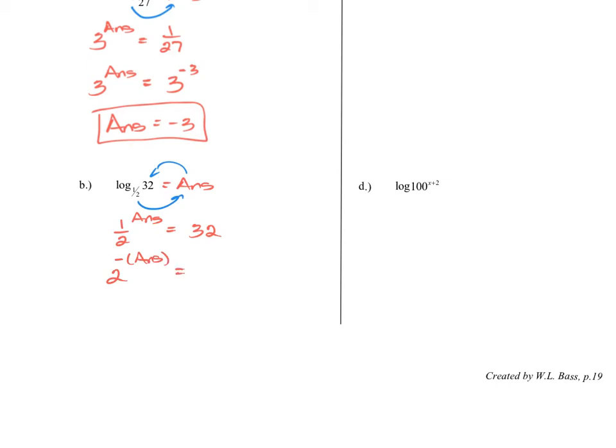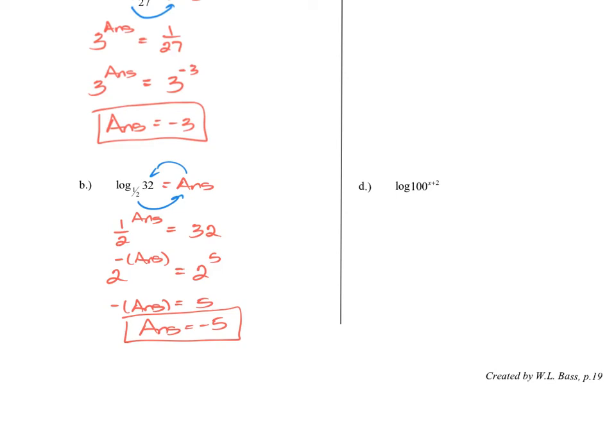And 32 can be written as 2 to the 5th. Again, if the bases are the same and this is a true statement, then the exponents should be equal as well. So I can say negative answer equals 5. Thus, my answer is a negative 5.